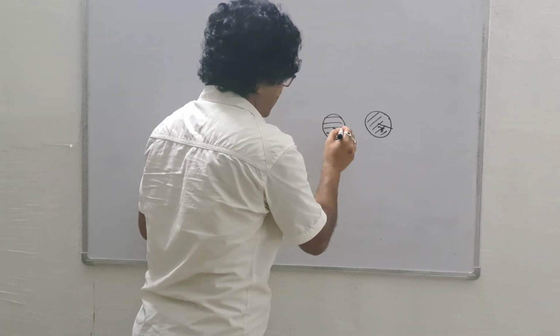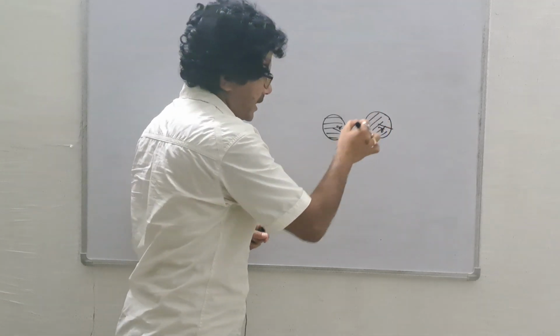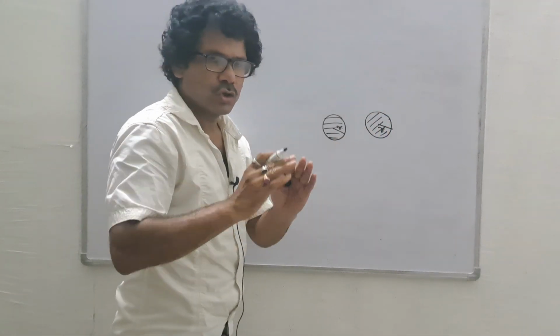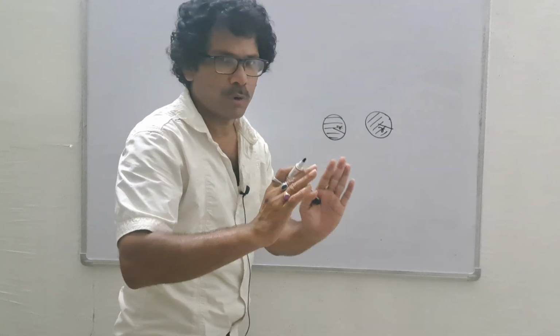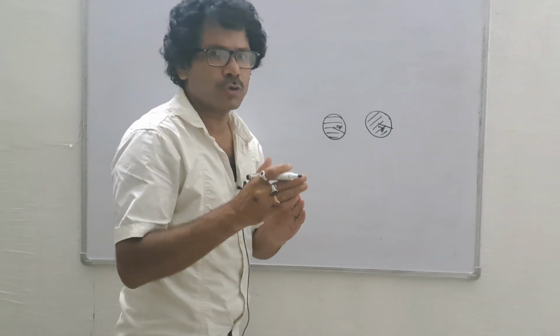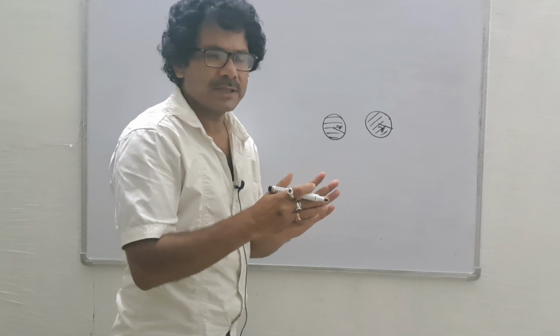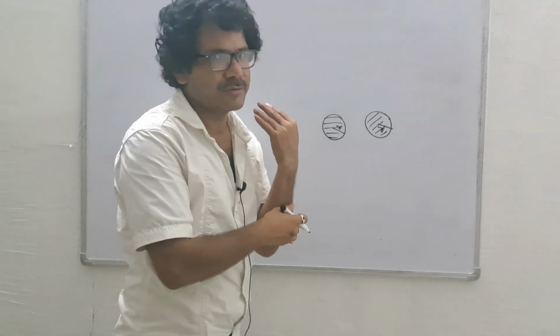Its radius is also r. Both these spheres are smooth and polished. Now, what is a polished surface? What is a smooth surface? Regarding this, I already told you in my previous videos.